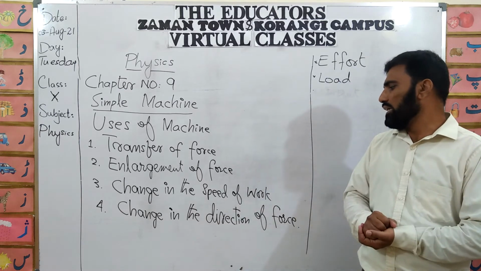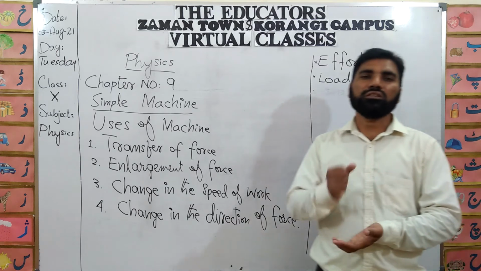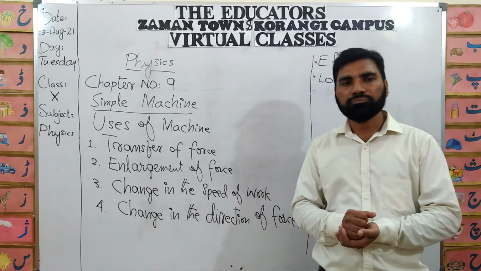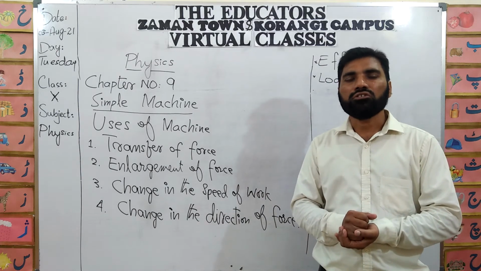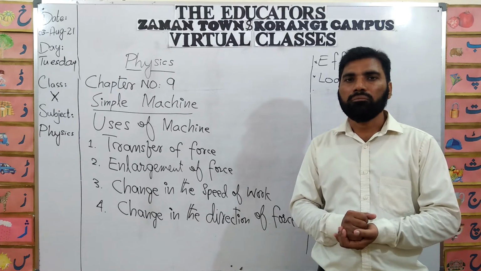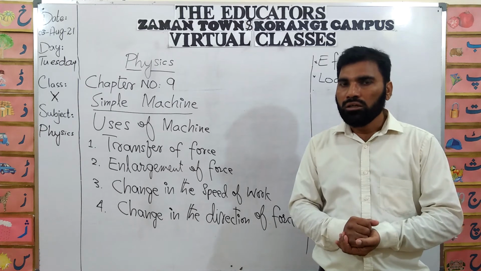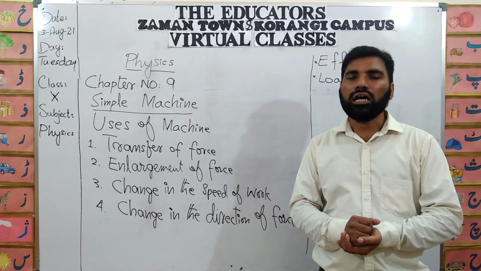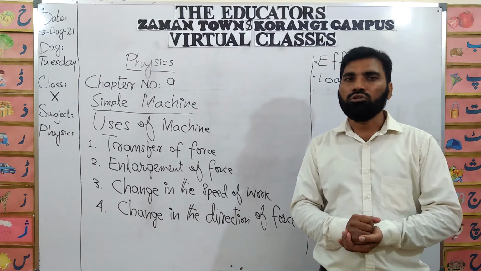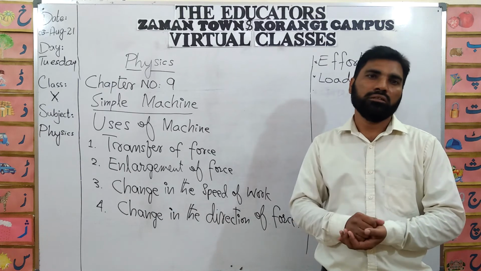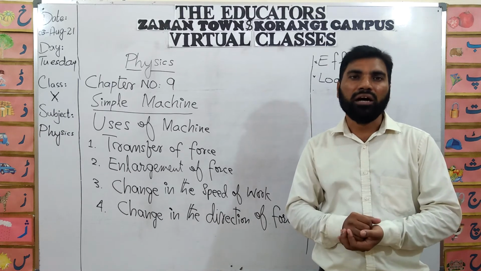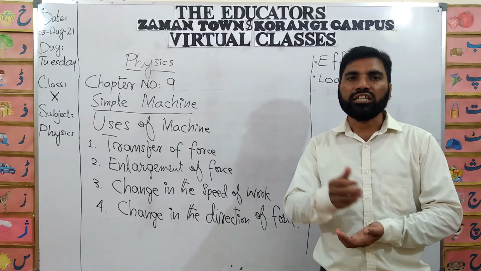Fourth thing, change in the direction of the force. Suppose that you are in a village area and you have to draw a bucket of water from the well. So you always use a pulley, and the rope goes over the pulley. Pulley is a machine by which you can change the direction.